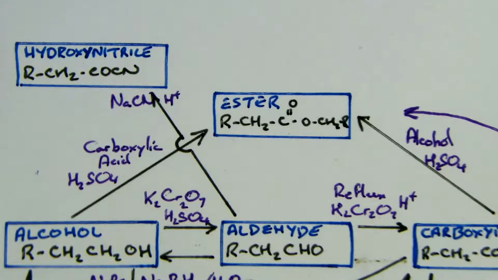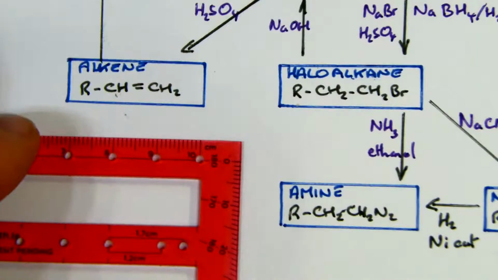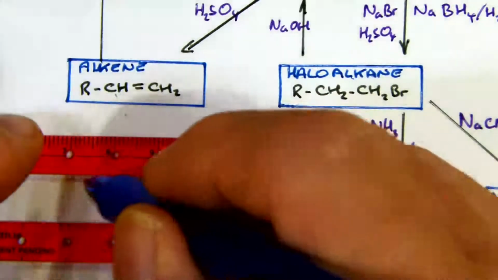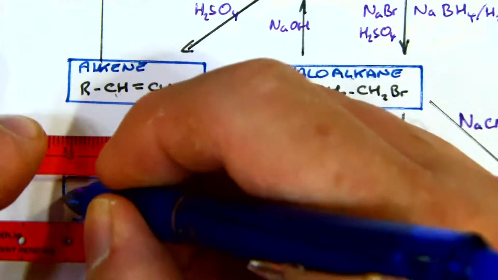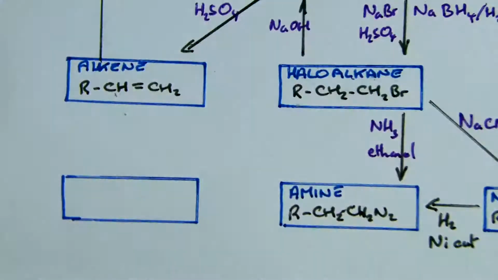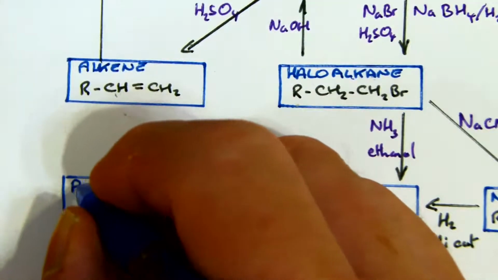Alkene. Let's see if we can take my alkene down here and I'm going to turn my alkene into an alkane. Normally when I do this, I have this a bit more sideways, which I'm left with doing this one vertically, which is not as easy.